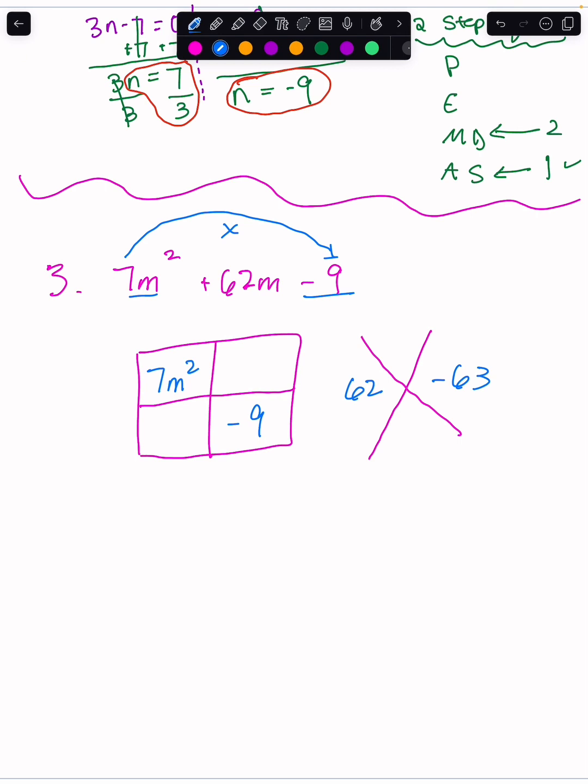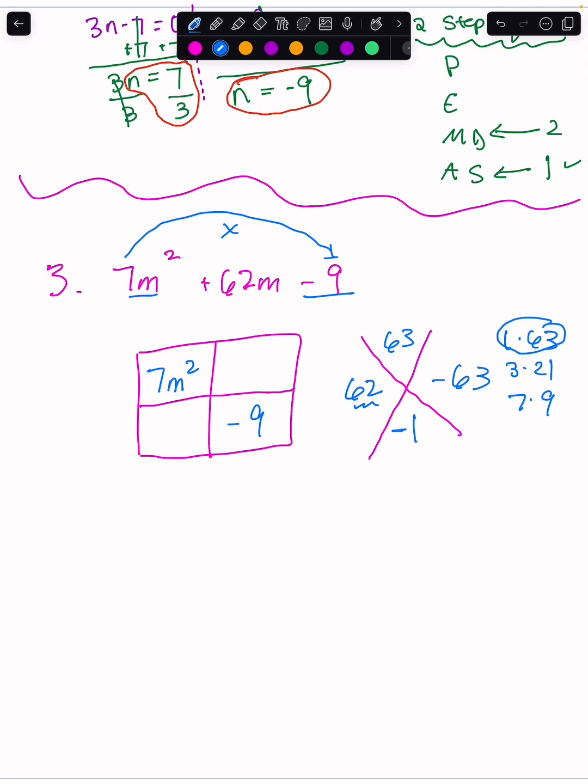So we got to figure out how to get 62. Well, our first one is 1 times 63. And let's say we don't notice that. So we got 3 times 21 and 7 times 9. Well, 1 and 63 can make a 62. So let's try that. 63 and 1. If I put a minus down here, 63 minus 1 is 62.